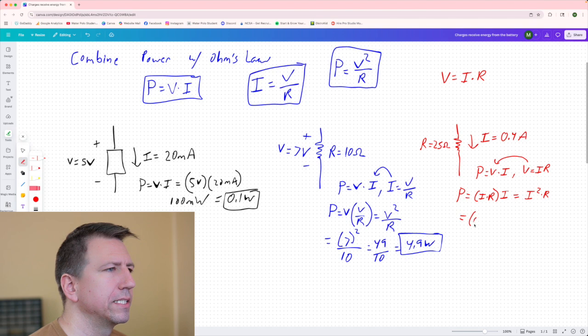So we have I is 0.4 squared, times the R, which is 25.